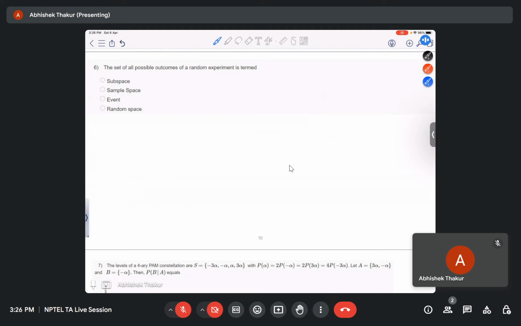The set of all possible outcomes of a random experiment is termed as sample space. We have already studied that sample space is the set of all possible outcomes of a random experiment.